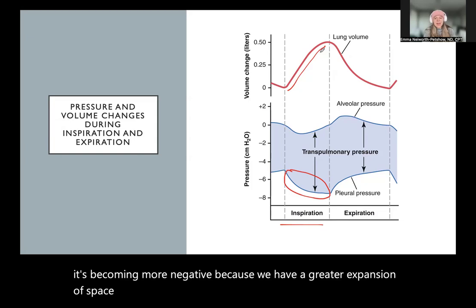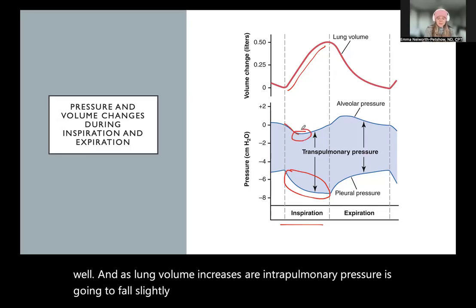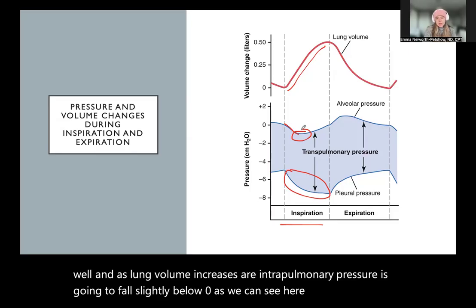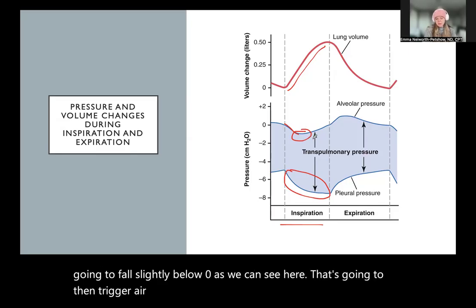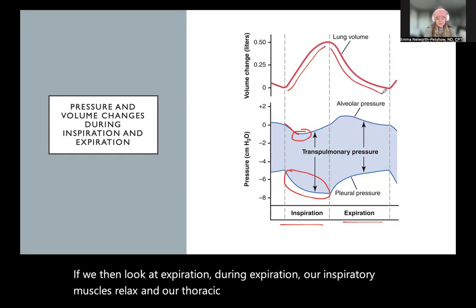That's going to pull the lungs outward as well. And as lung volume increases, our intrapulmonary pressure is going to fall slightly below zero, as we can see here. That's going to trigger air to flow inward into the lungs. If we then look at expiration, our inspiratory muscles relax and our thoracic volume decreases back to baseline.